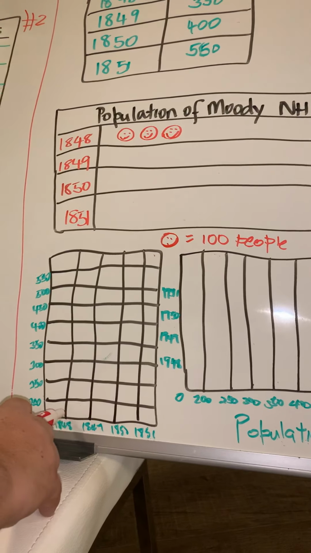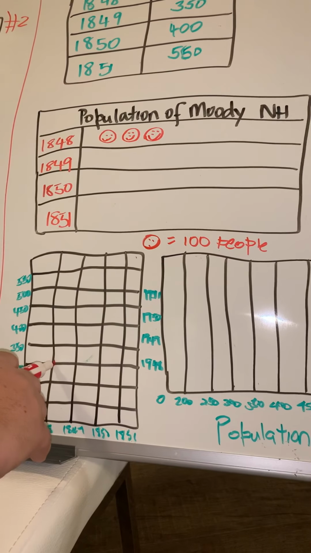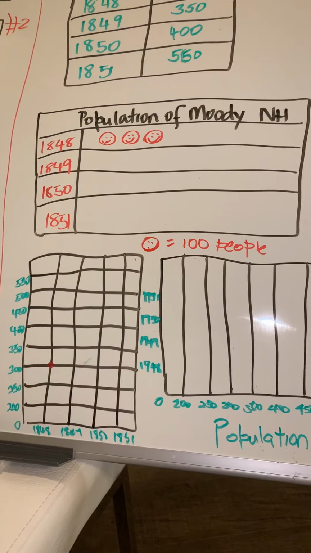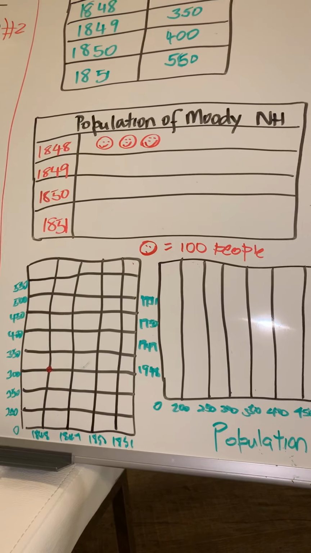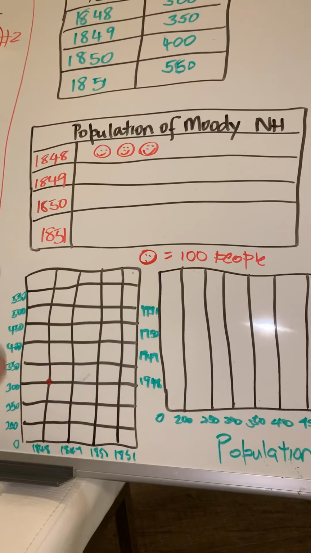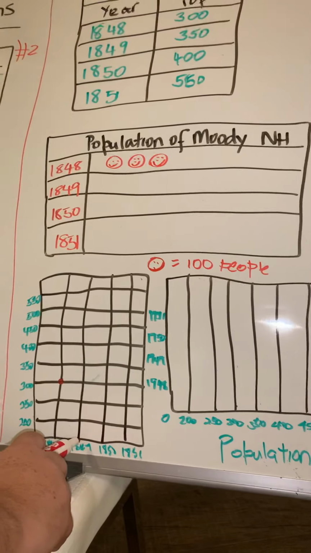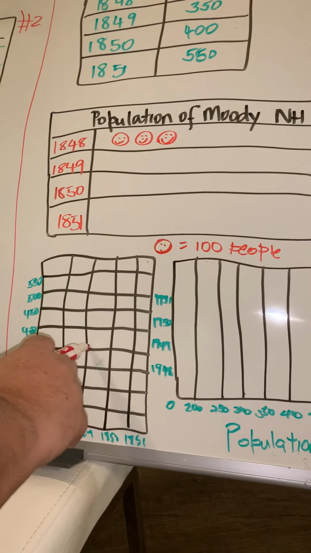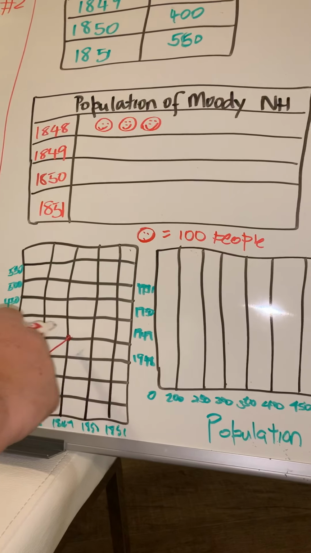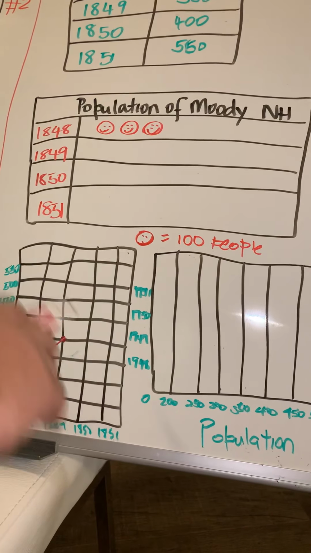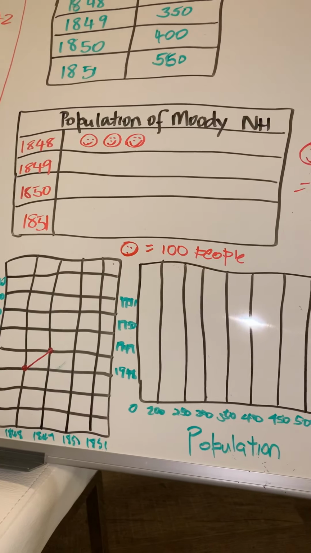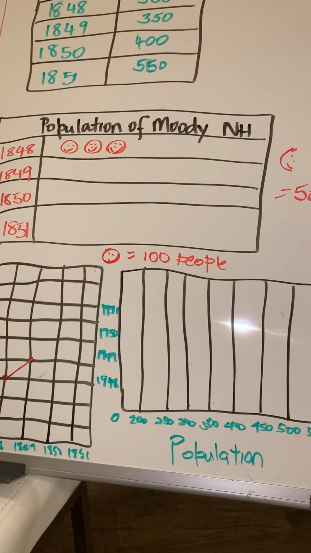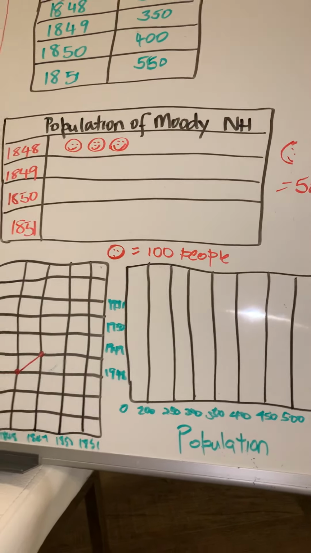So we have to go up the 1848 line and put a dot on 300, okay? Then in 1849 we had 350, so we have to go up the 1849 line and put a dot, and then we connect. Now you have to finish this line graph and send me a picture. I am not going to give you the answers because you have to work for your grade.